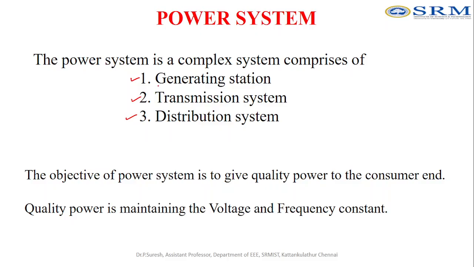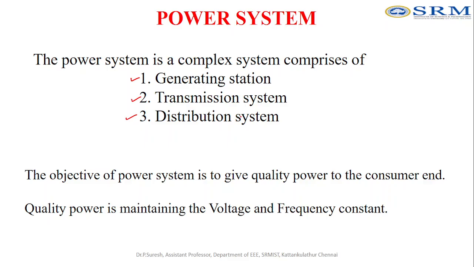Actually we are utilizing the electrical power, but the electrical power should be generated. It is generated in a generating station, and once it is generated, it is transmitted, and after transmission it is utilized. The utilization is done by the distribution system.